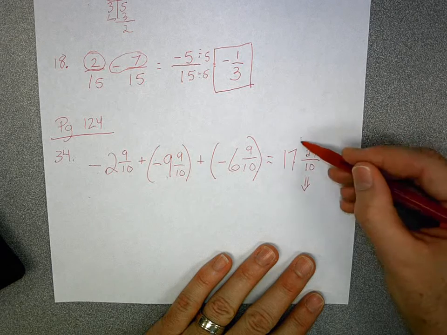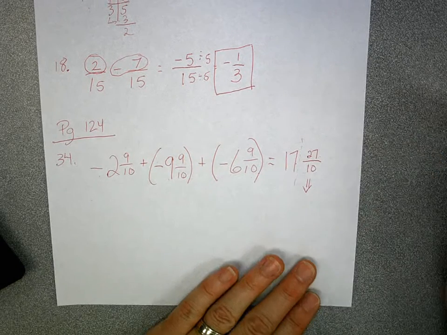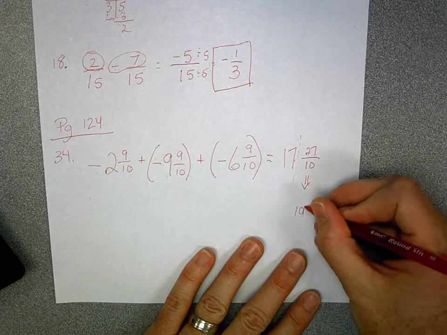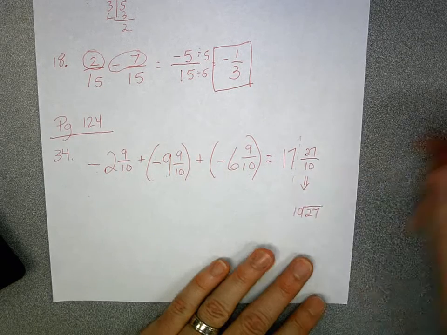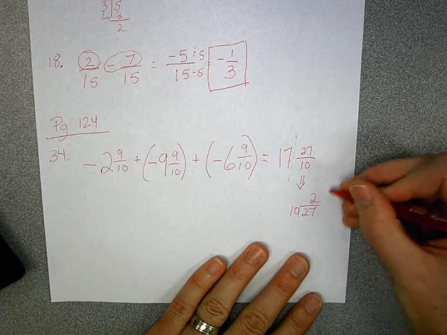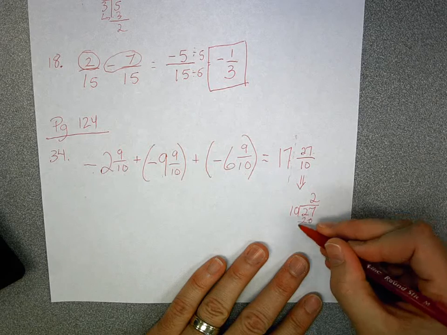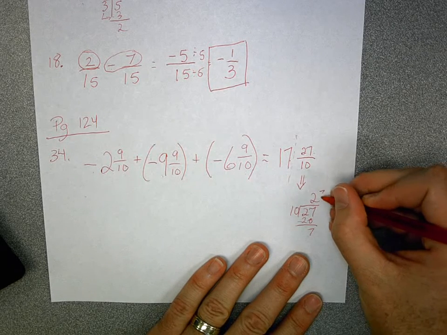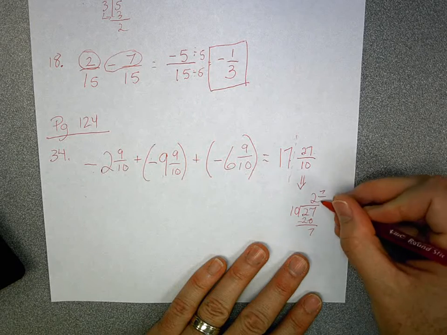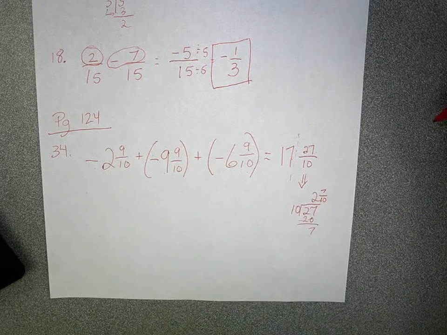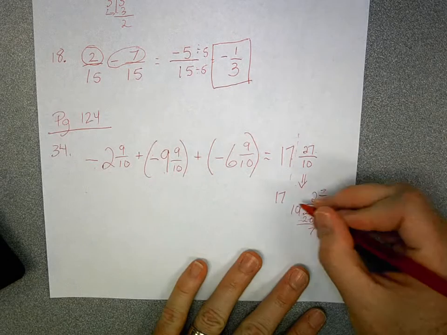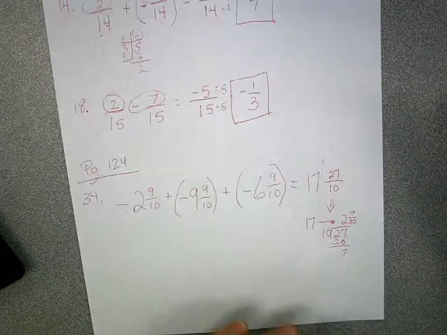So we're just ignoring the 17 for a second. Bottom and the top, right? So 10 and 27. 10 goes into 27, of course, 2 times. That would give us 20 with a remainder of 7. So our fraction part is 2 and 7/10. So we have 17 whole, and another 2 and 7/10.